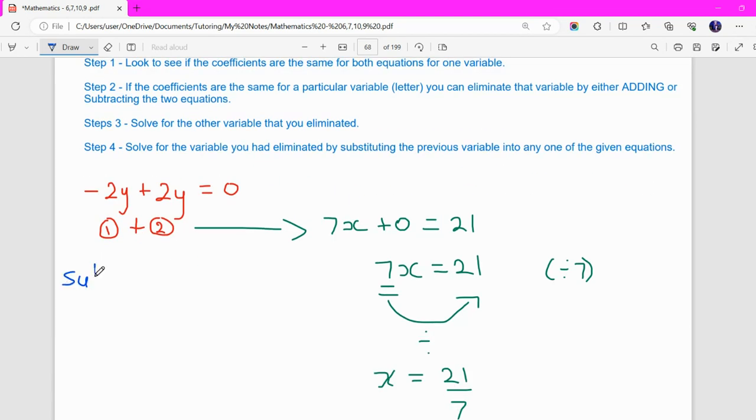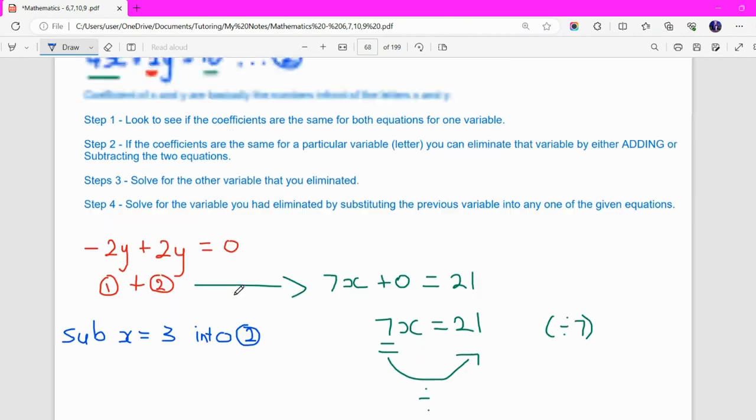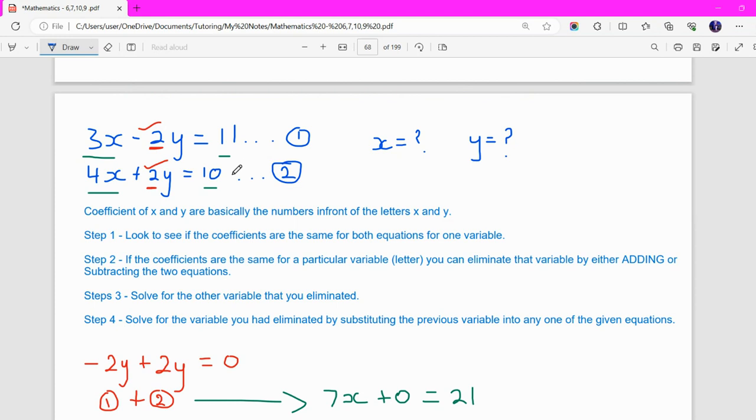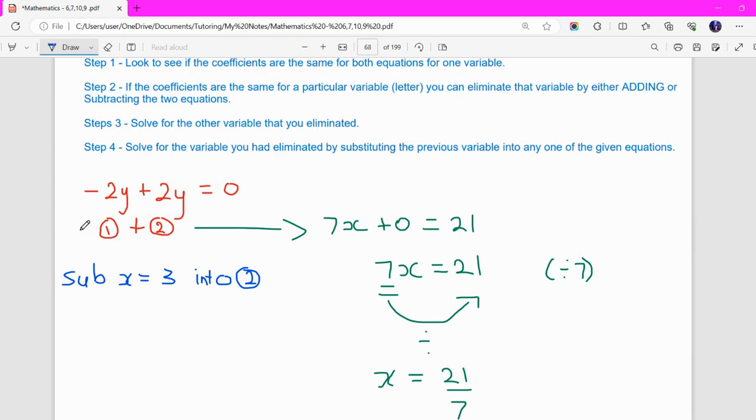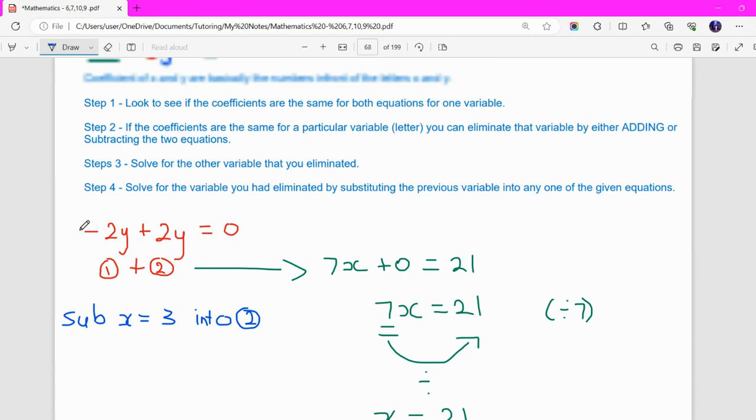Since I write equation 2, I put a circle around it. We use equation 2.